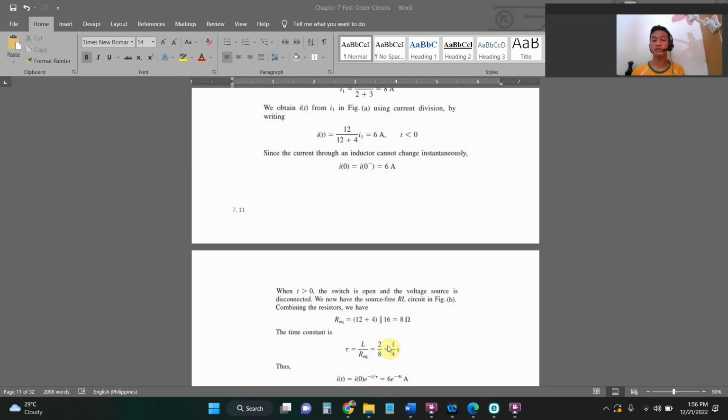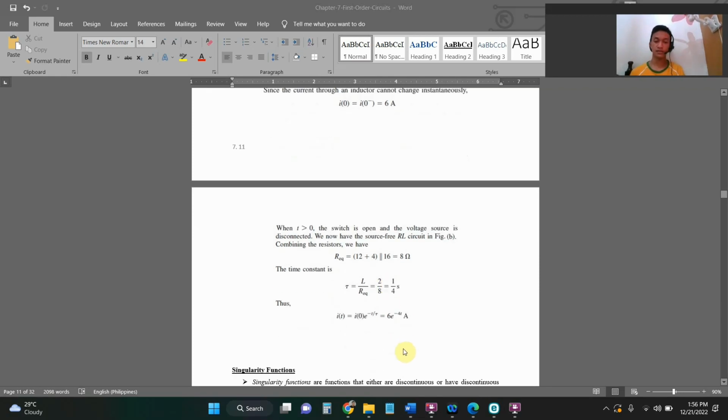So we get the equivalent resistance of 8 ohms. The time constant for an inductor is tau equals L over R. We have the inductor of 2 and the equivalent resistance of 8, so we get the time constant of 1/4 seconds. Thus i(t) is equal to I0 e raised to negative t divided by tau, so we get 6e raised to negative 4t amperes.